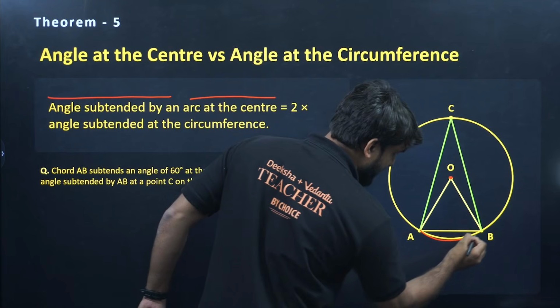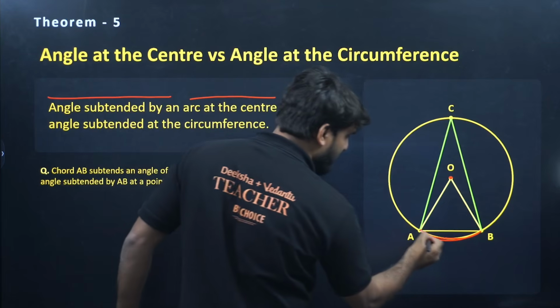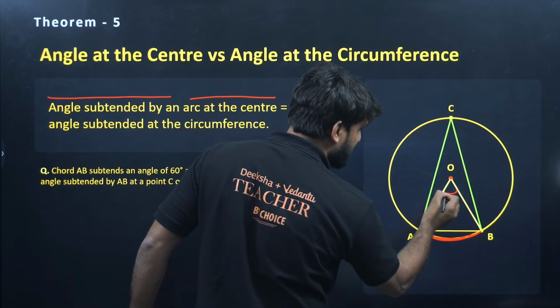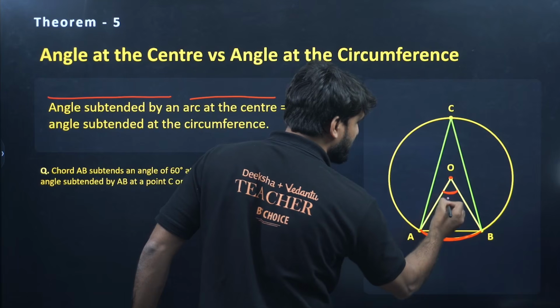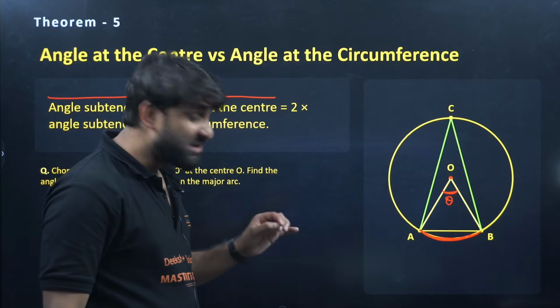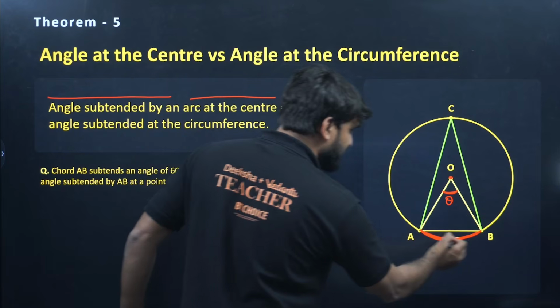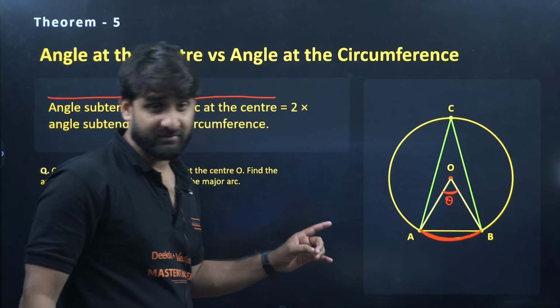This is called an arc. This arc is making an angle, in red color, theta. For example, this is theta at the center. My dear champion, this red arc is forming angle theta at the center.